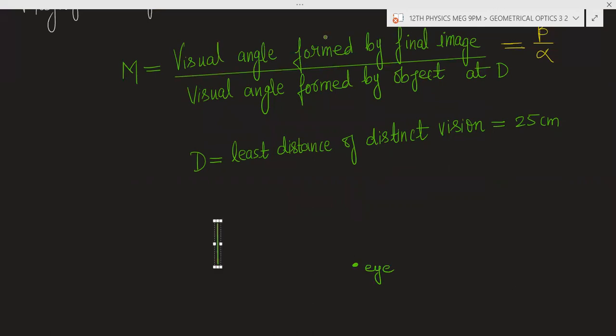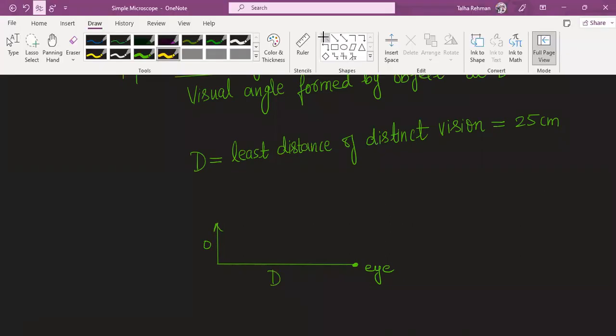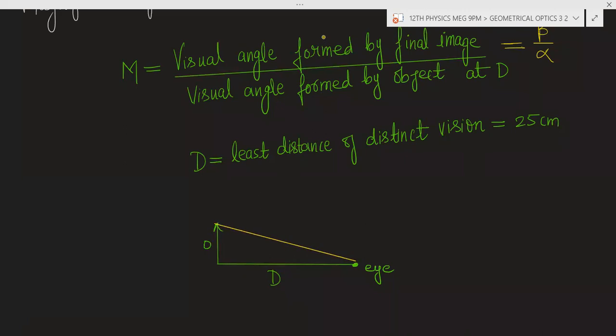This object is at a distance of 25 centimeter, at a distance of D. So if you calculate this angle, not beta, sorry, this angle will be alpha. Okay.